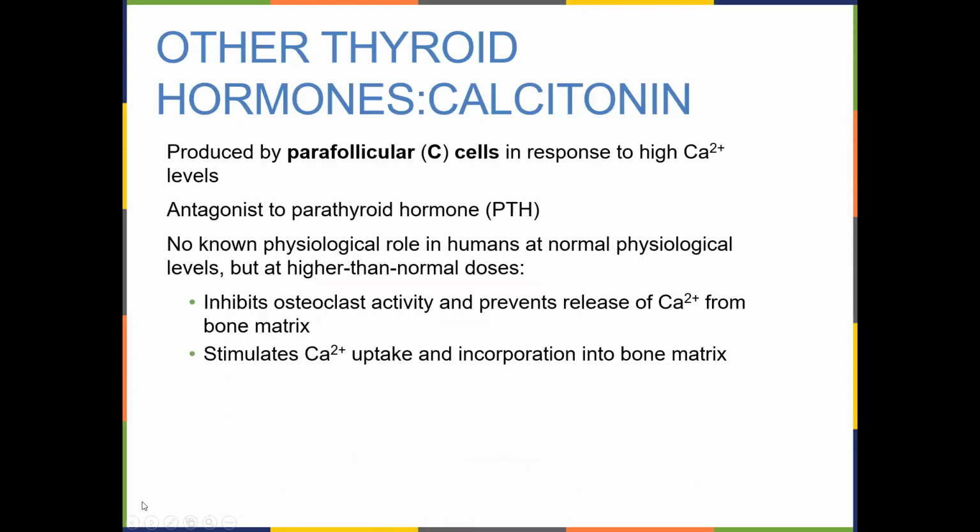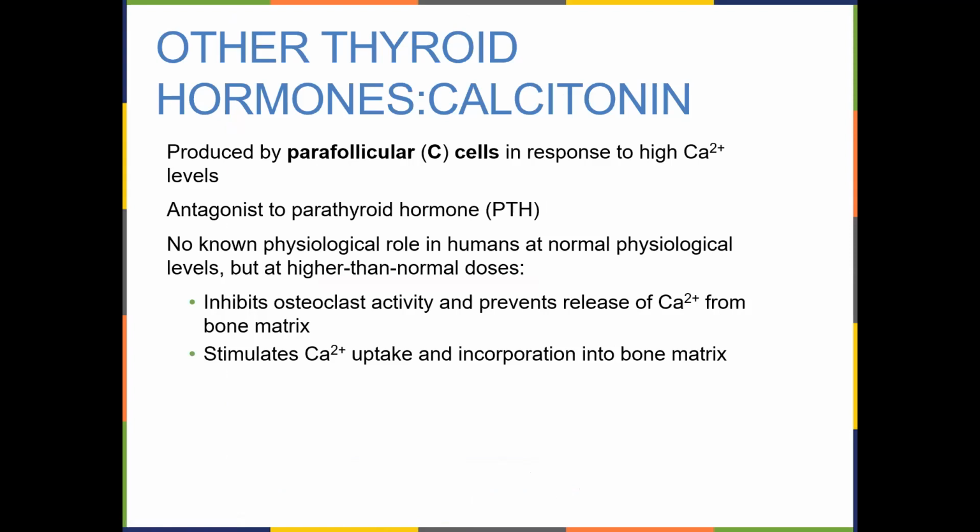Now, let me go back here. Calcitonin is the antagonist to parathyroid hormone. Parathyroid hormone will raise blood calcium levels when it gets too low. Calcitonin is supposed to drop blood calcium levels if our calcium levels get too high.